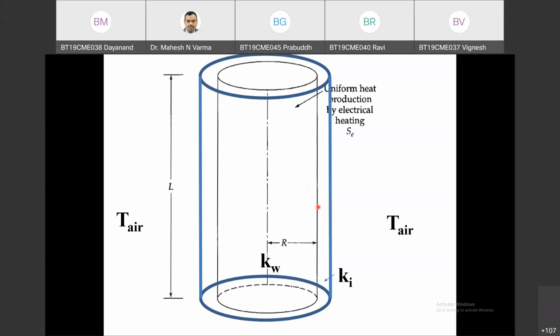So another equation will explain the temperature variation from R equals R to R equals AR, and a flux profile from R equals R to R equals AR. And here this temperature is related with T_A using Newton's law of cooling and the heat transfer coefficient.